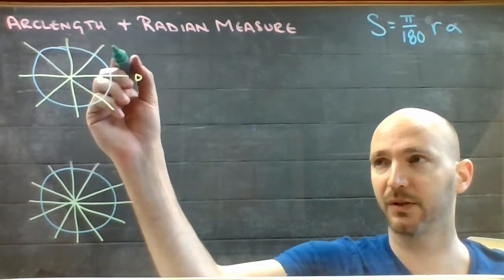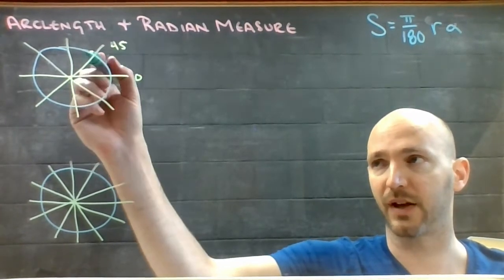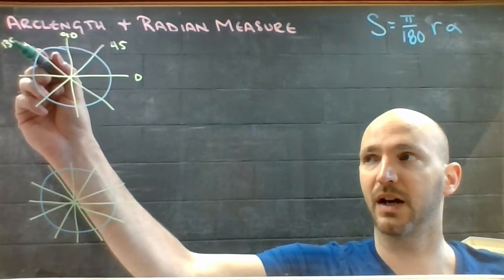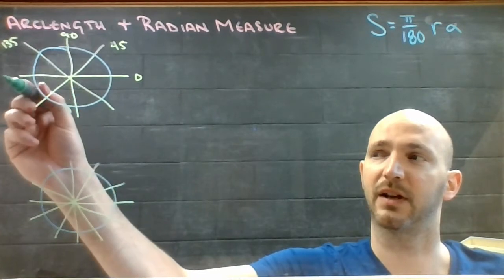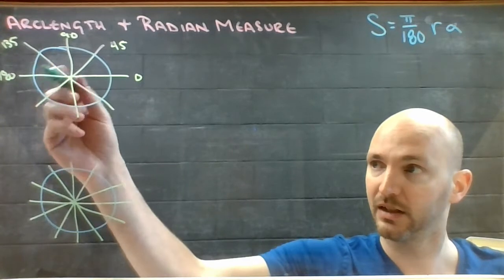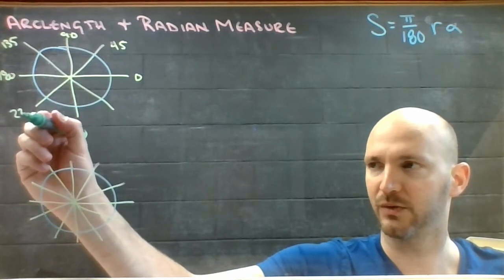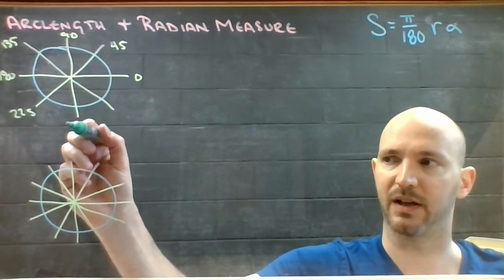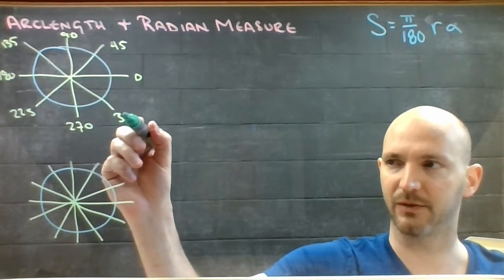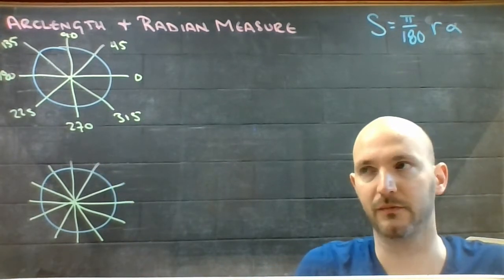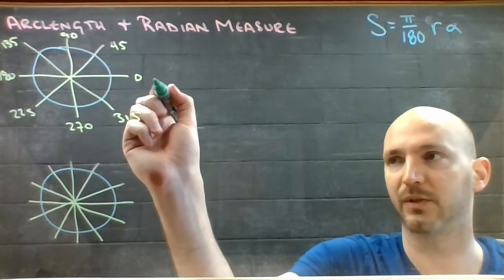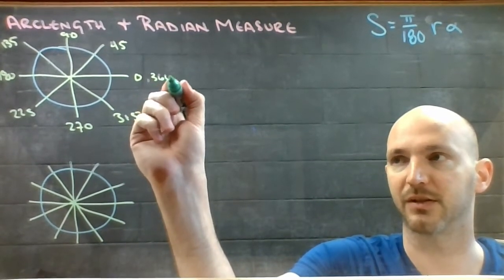So 0 to 45, 45 and 45 would be 90, 90 and 45 would be 135, 135 and 45 is 180, which is half a circle, which is where it landed, so that's good. 180 and 45 would be 225, 225 and 45 is 270. 270 and 45 would be 315. Okay, so far so good. And an additional 45 would get this to 360 degrees, which is all the way around.